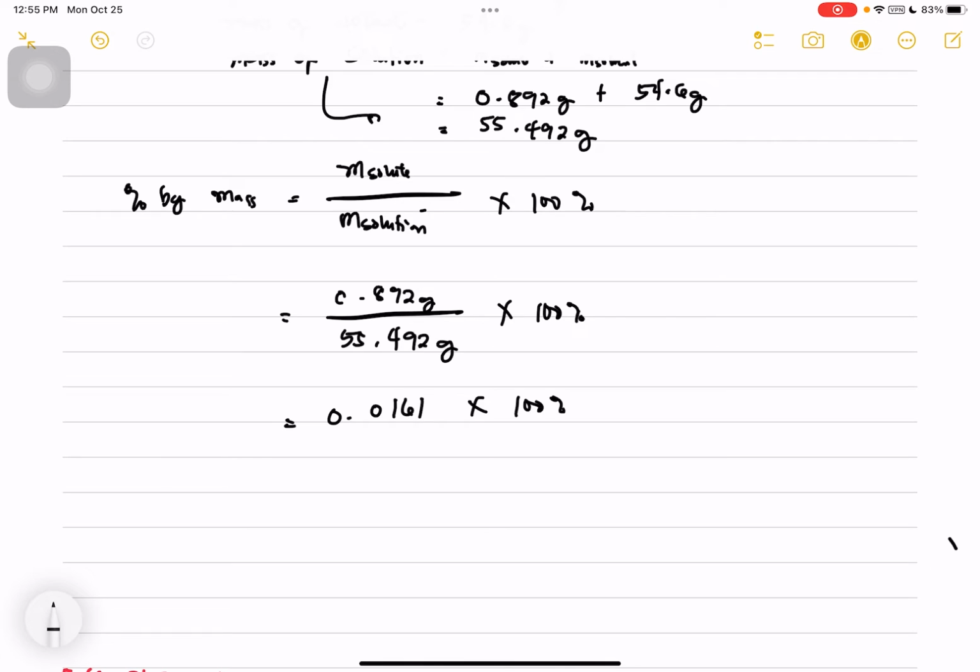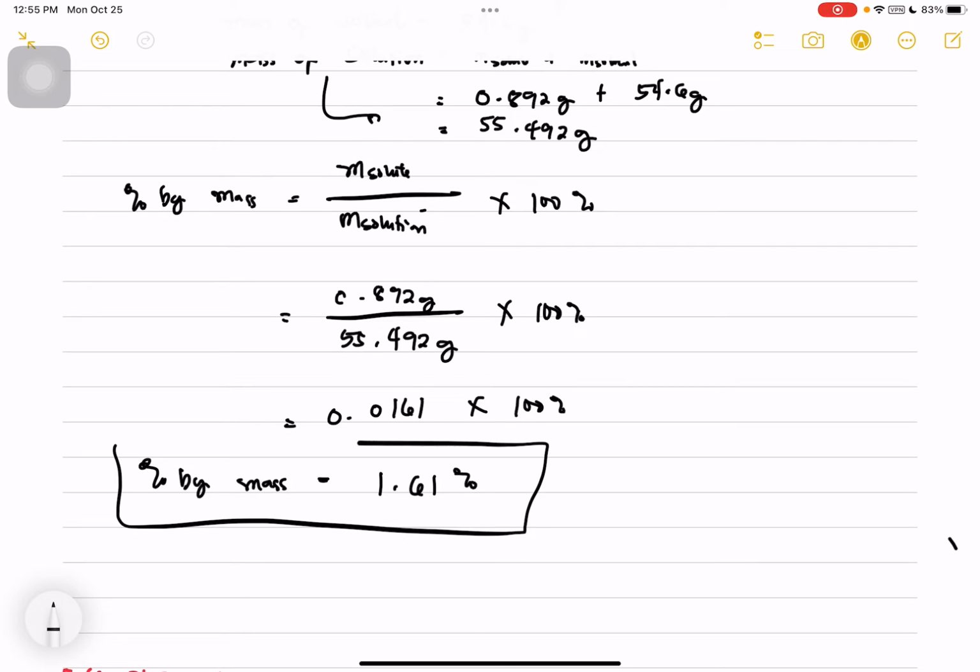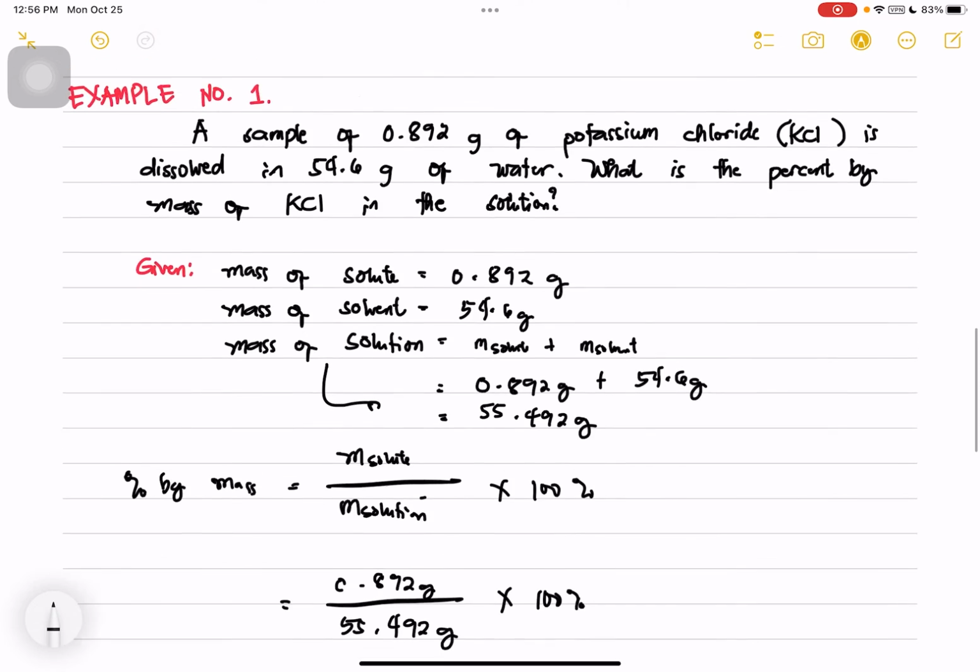And the final percent by mass of the solute, or of the solution, is 1.61%, because 0.0161 times 100 is equivalent to 1.61%. So this is our final percent by mass of the solution.